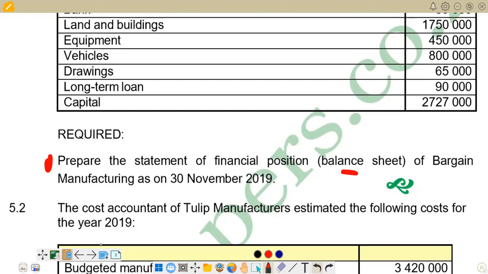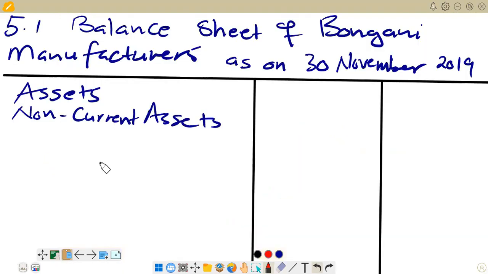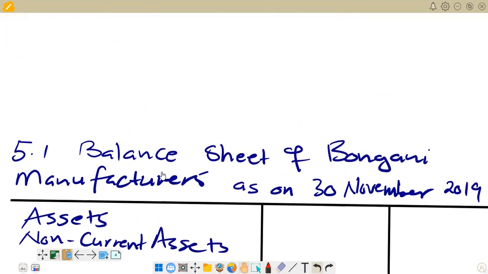So if you come to our answer section, we have the balance sheet of Bargain Manufacturing as on 30 November 2019. We start with assets, and then the non-current assets. What you need to understand is that the balance sheet obeys what is called the accounting equation.